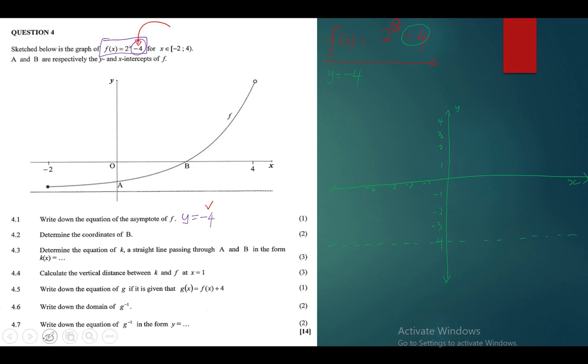It is wrong to put the dotted line here. When x is minus 4, don't try and come and put the dotted line here. Remember, we are talking about the y asymptote, not the x asymptote. So don't put your dotted line on the x value. Put it on the y value, negative 4.